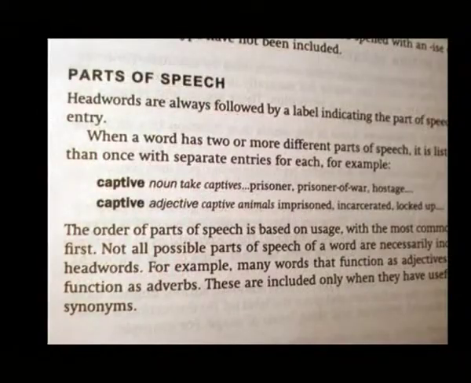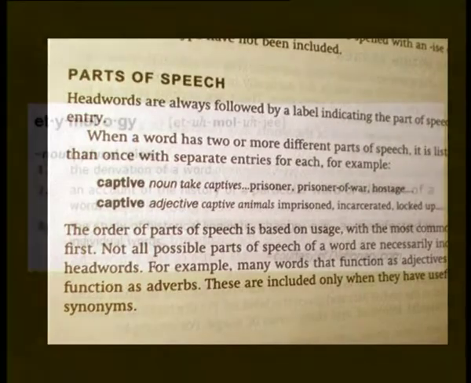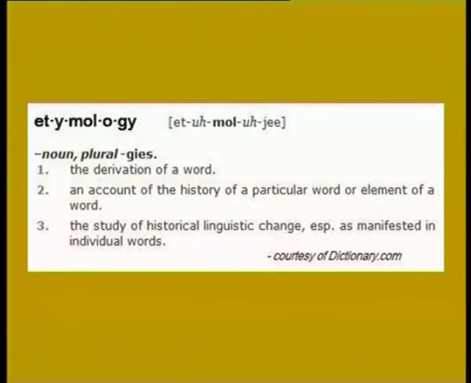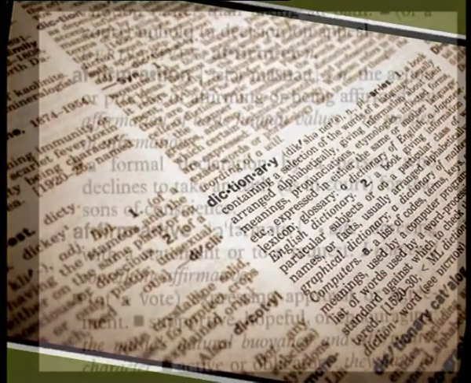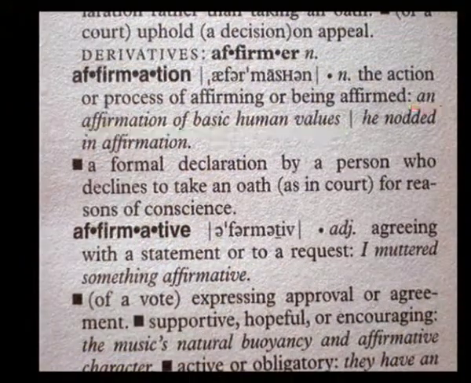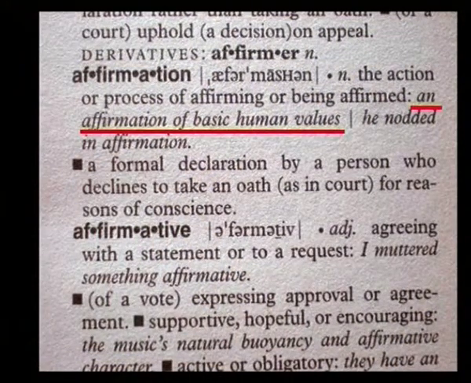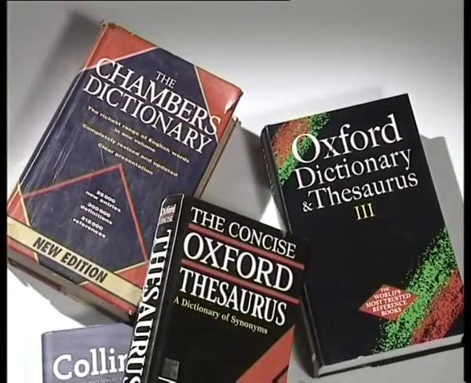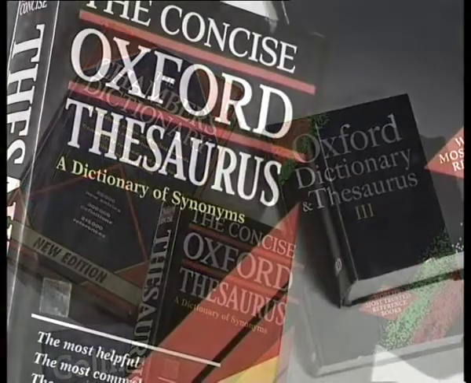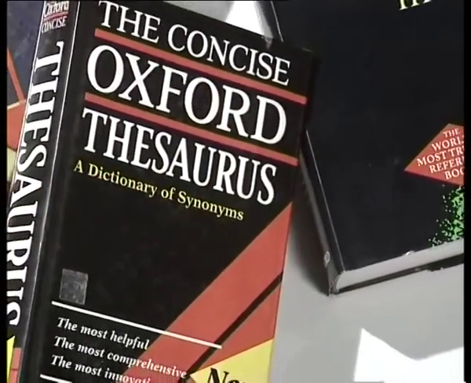Its word class as in parts of speech, its etymology as in historical origin and derivation, its definitions, and citations or examples of its use. Most dictionaries follow this general structure, but variations are of course found.